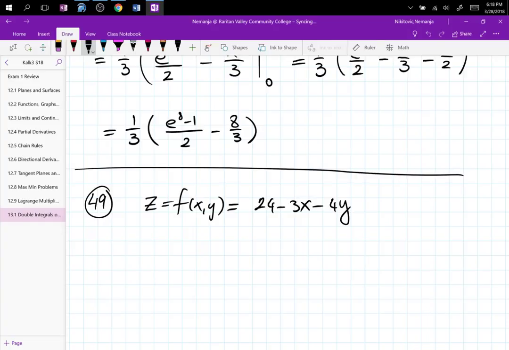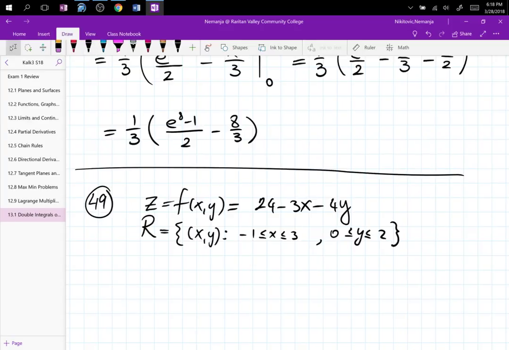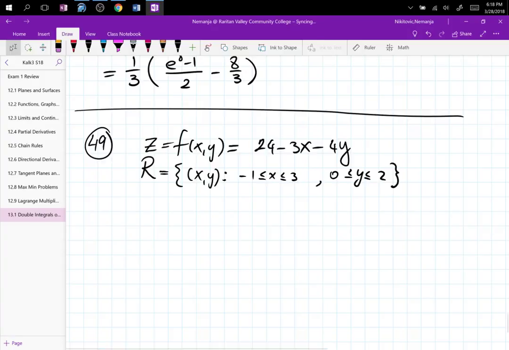All right. So our region of the cut, xy: x is stuck between -1 and 3, and y is in between 0 and 2. Great. So this is one of those problems where it doesn't matter.